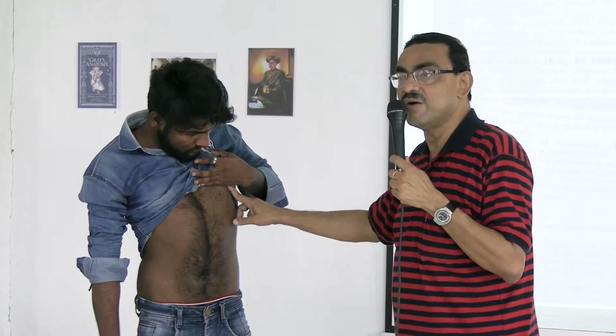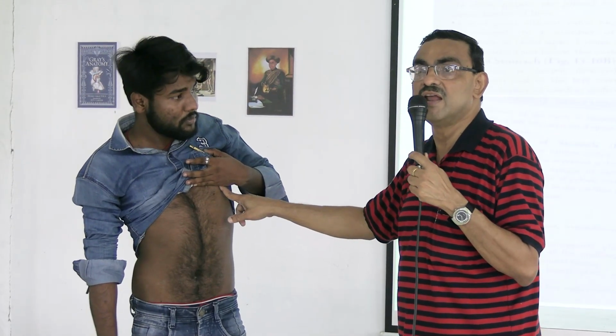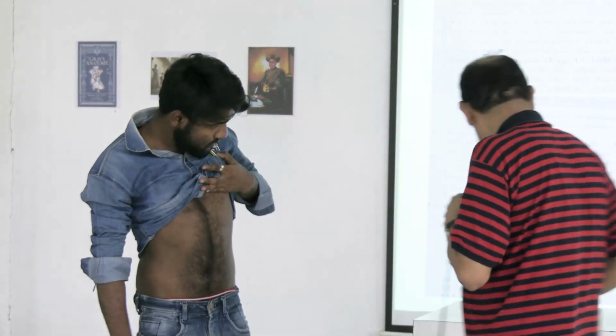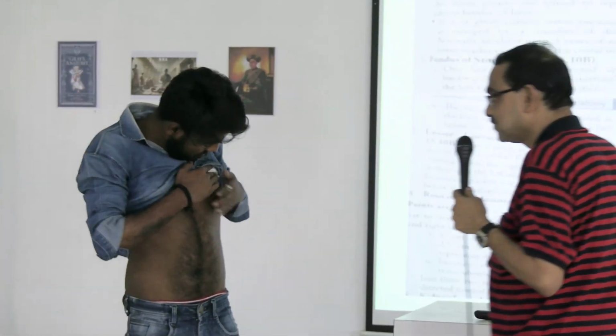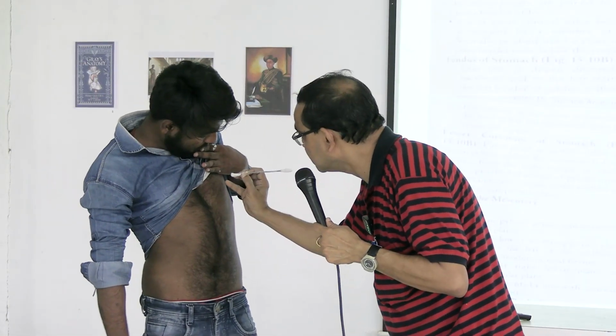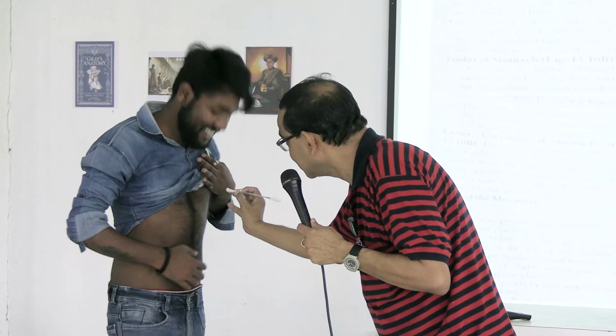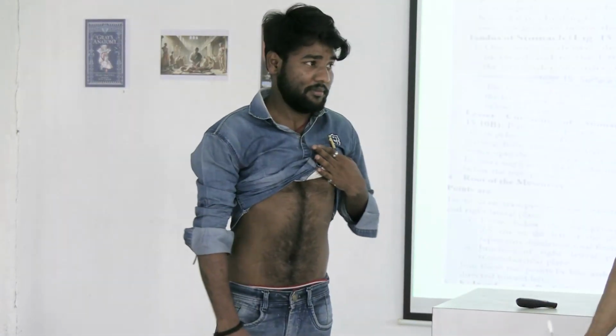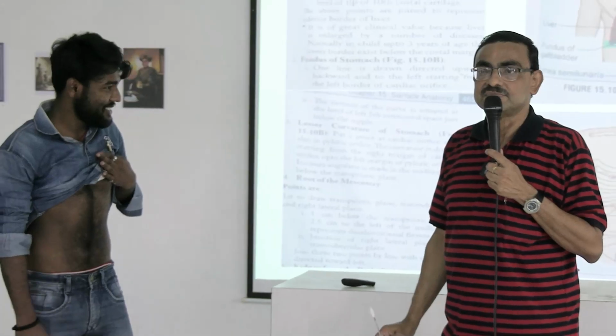That means it is in the fifth intercostal space, 9 centimeter away from the midline, at the level of the nipple. One point should be given here, just below the nipple. One point is given here.